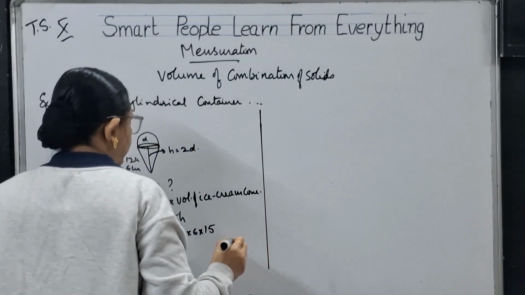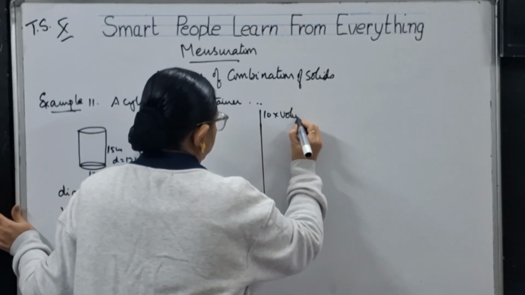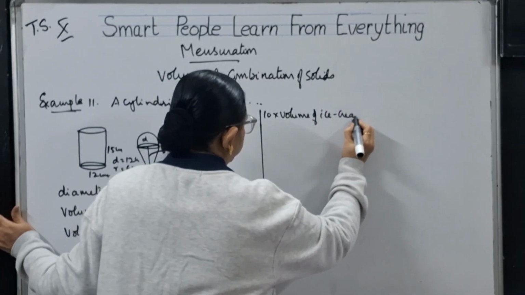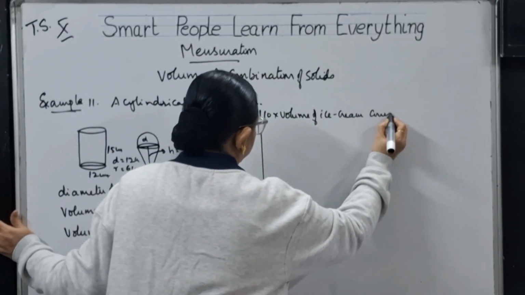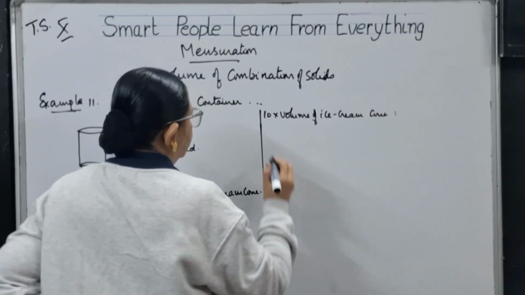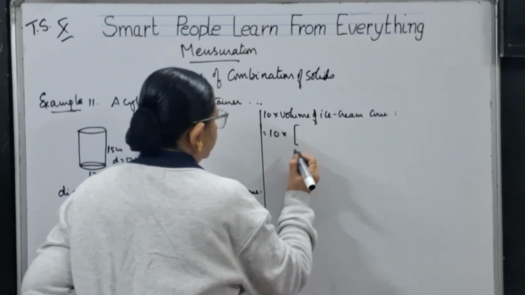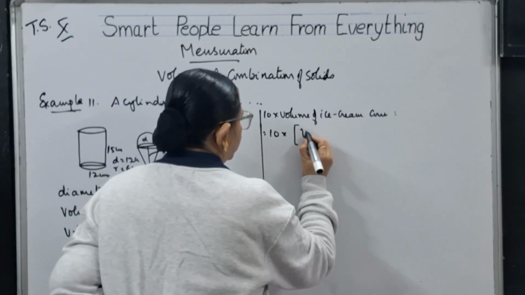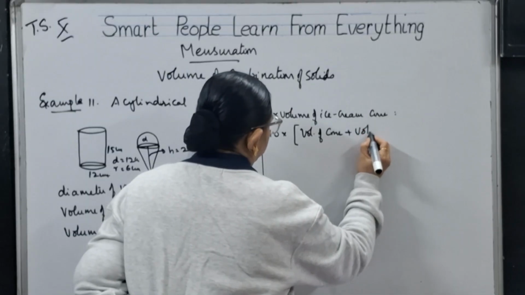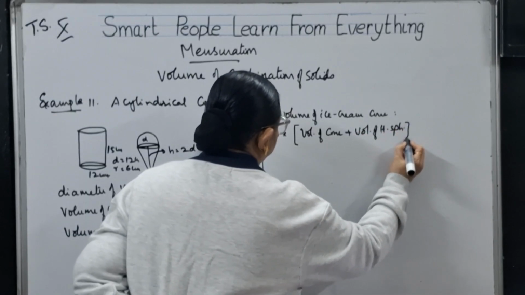Now let us go for the volume of the ice cream cone. 10 times the volume of ice cream cone. The volume of an ice cream cone is nothing but volume of cone plus volume of hemisphere, both together.